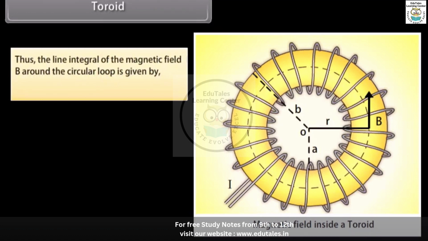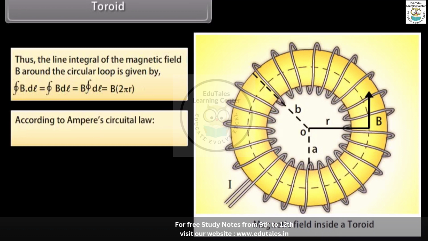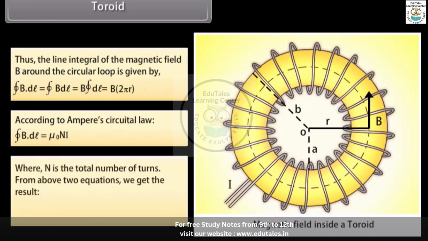Thus, the line integral of the magnetic field B around the circular loop is given by the product of B and 2 pi r. According to Ampere's Circuital Law, closed integral of B dot dl equals mu naught NI, where N is the total number of turns.